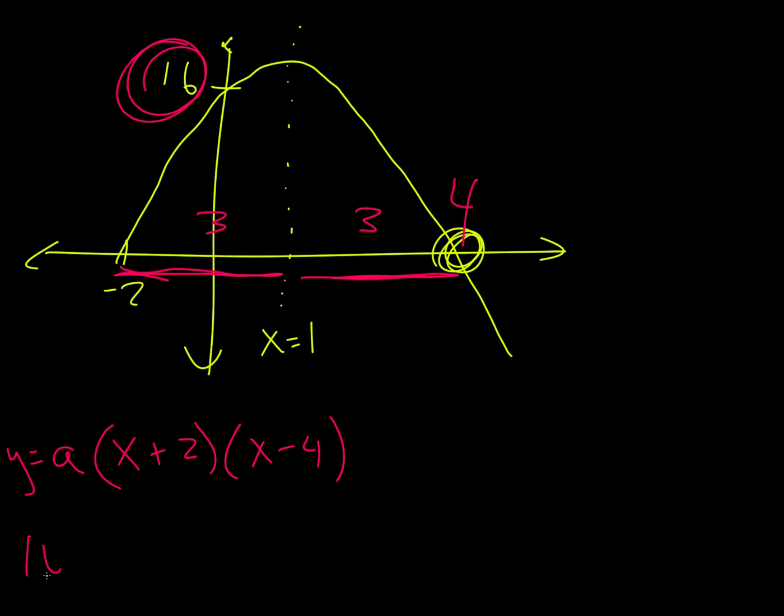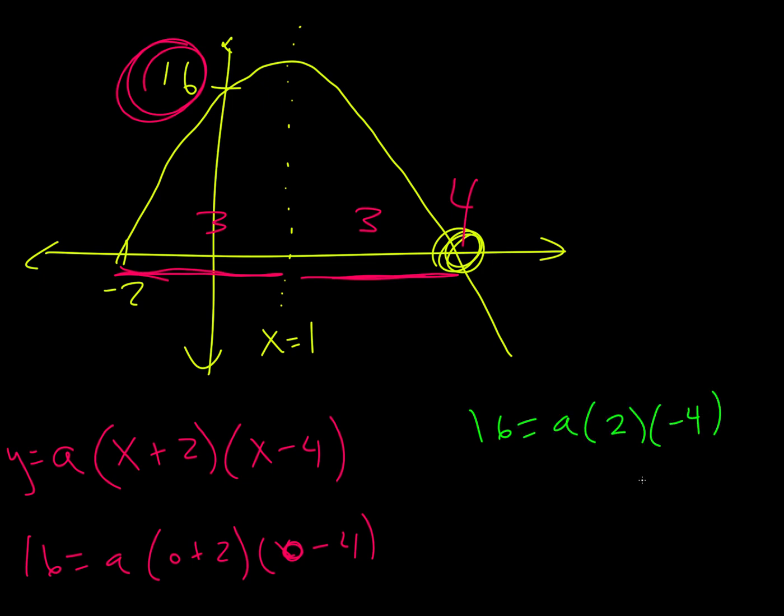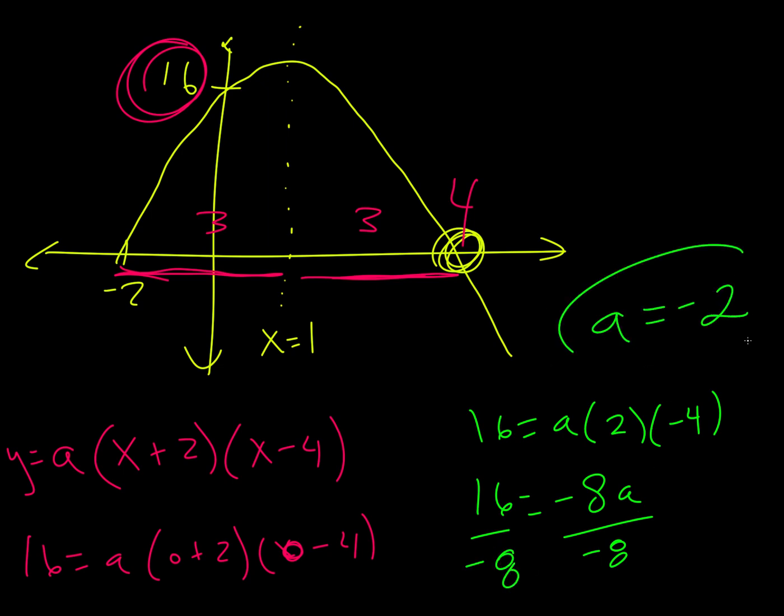So 16 equals a, 0 plus 2, 0 minus 4. If we get rid of those zeros, we get 16 equals a times 2 times negative 4. We get 16 equals negative 8a. Divide by negative 8, and a equals negative 2.